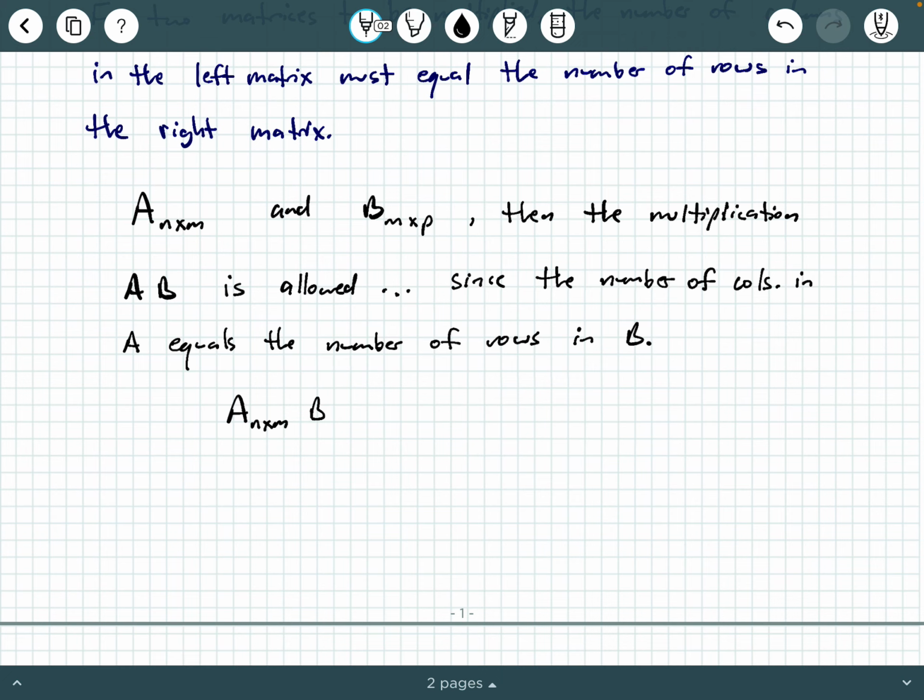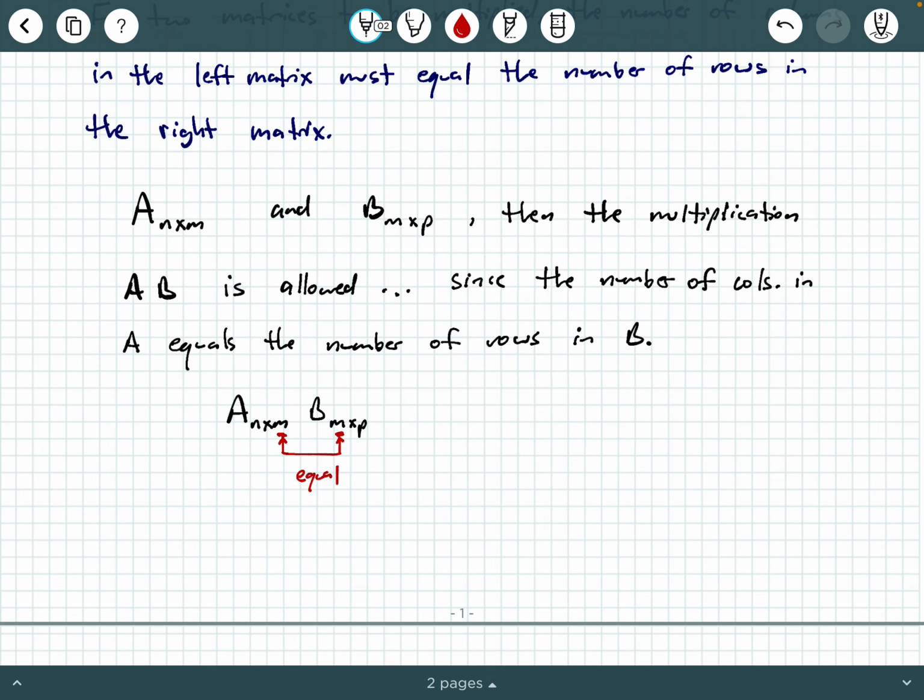So you have A times B, and you can clearly see that the number of columns in A is equal to the number of rows in B. And just to help yourself visualize it, you can say these are equal.